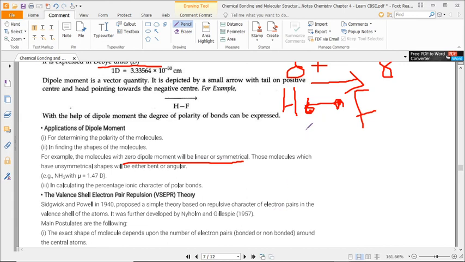Here, see, in this case, this bond is actually pulled towards fluorine. They are not symmetrical in nature because of the dipole moment. But if they have no dipole moment, they are symmetrical. They are not equally sharing, is it not? So that's why they are not symmetrical in nature, and those molecules have unsymmetrical shapes and will be either bent or angular.